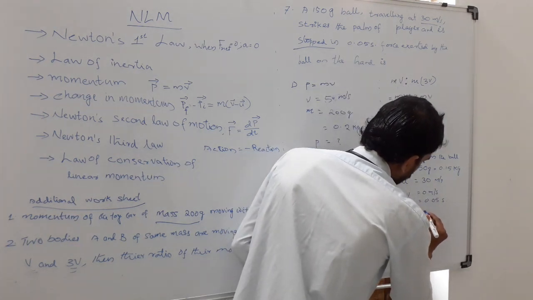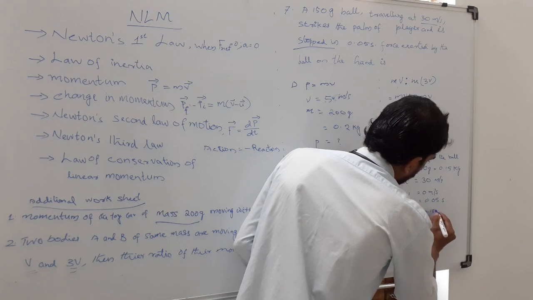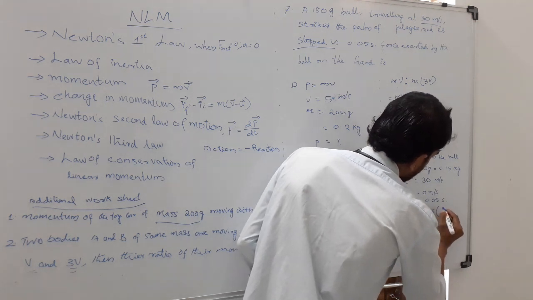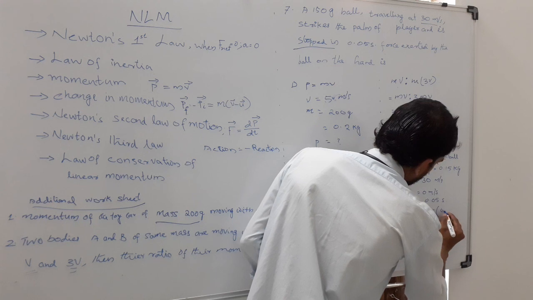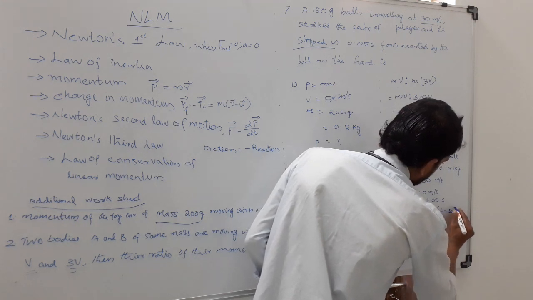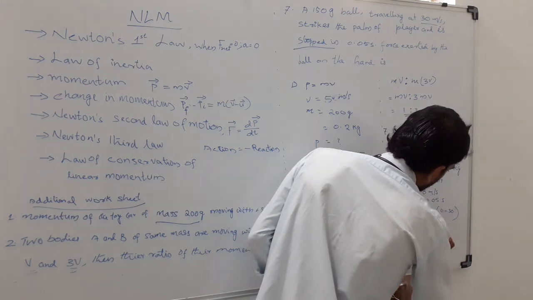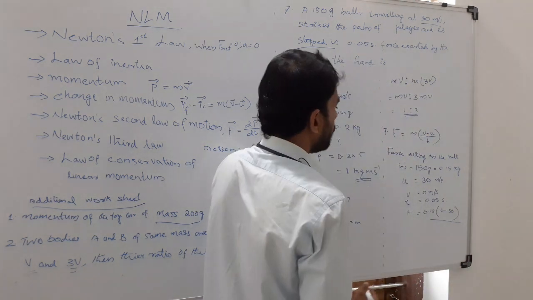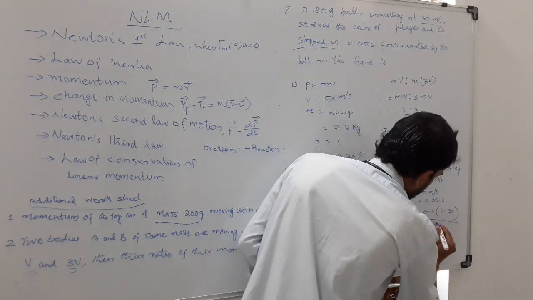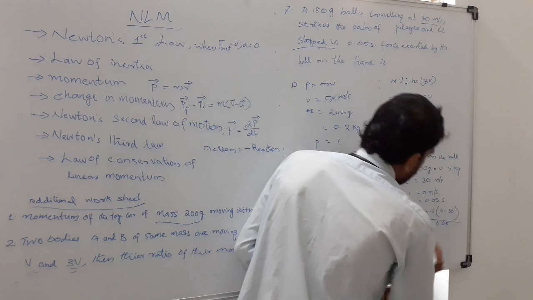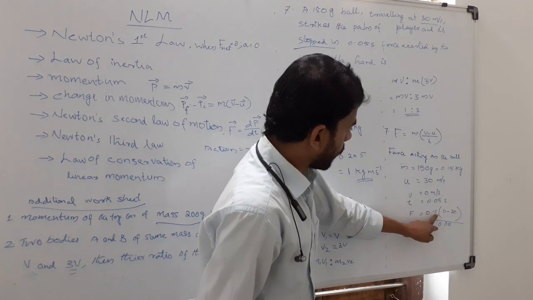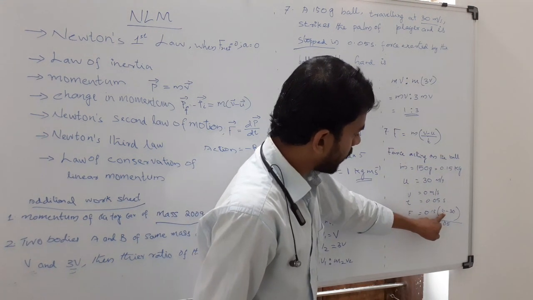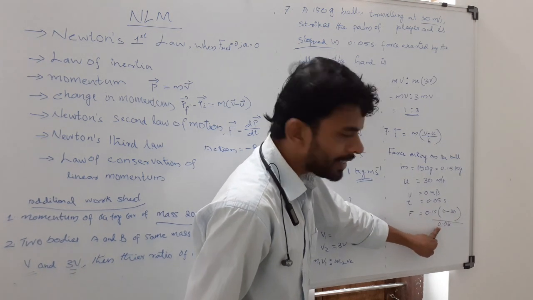Mass is 0.15, velocity is 0 minus 30 whole divided by the time taken, 0.05. See, 0.15 is the mass, then final velocity, initial velocity, time taken.